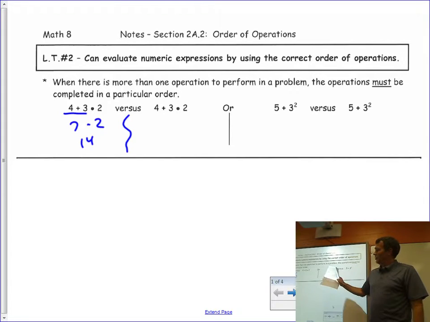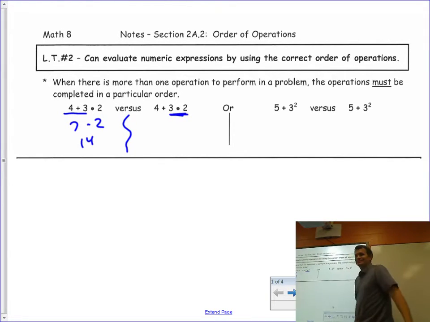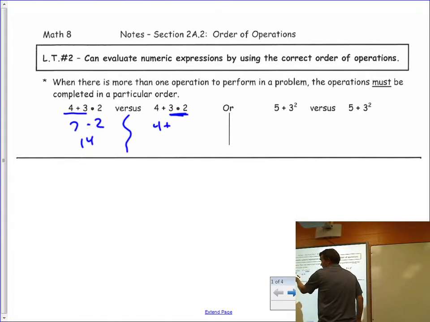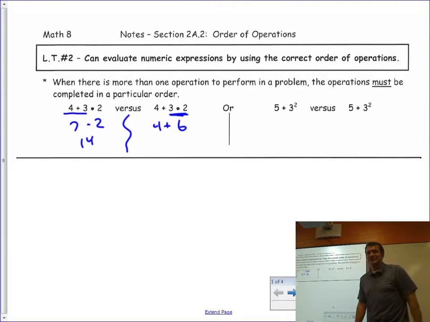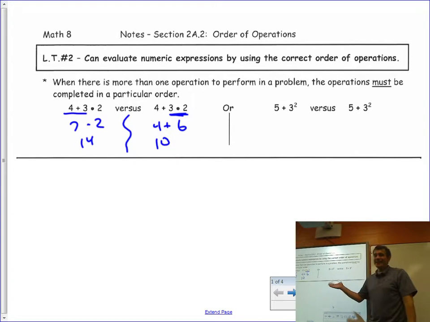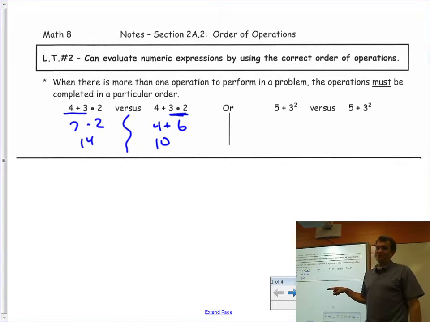Versus, what if I did the 3 times 2 first? So that would give me 4 plus whatever 3 times 2 is, which of course is 6, and 4 plus 6 is 10. I get different answers when I do the operations in a different order.